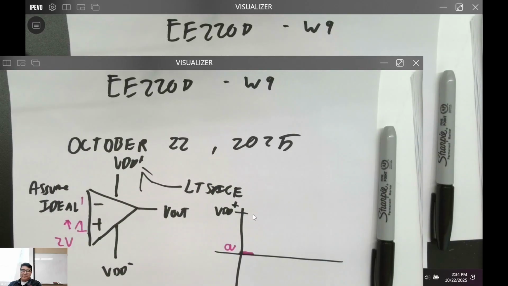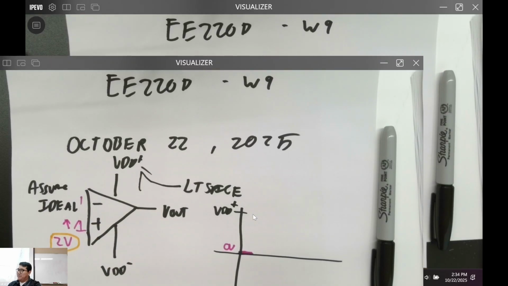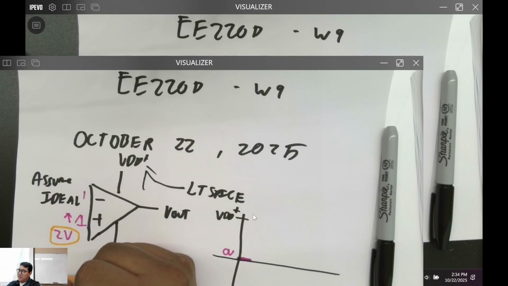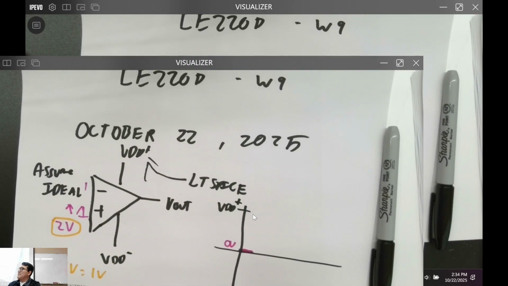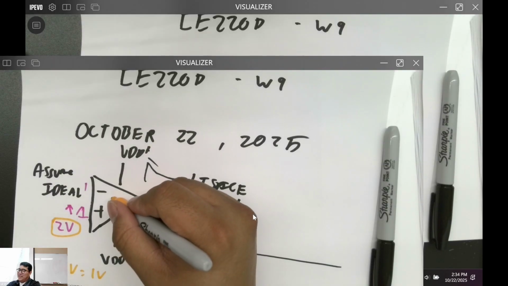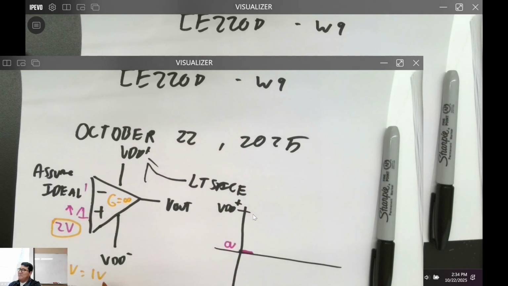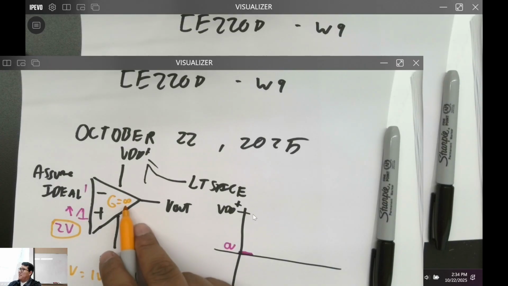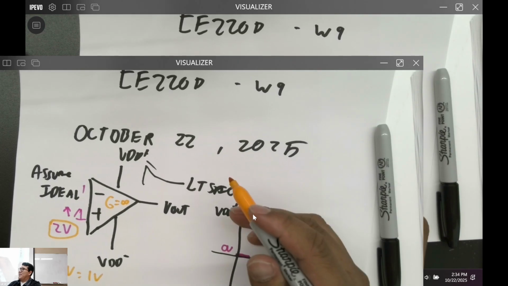Let me use a different color. 2 volts, orange marker. What's the difference? 2 volts minus 1 volt is a 1 volt difference, right? And then if there's a gain in here, let's just say it gains infinity, correct? A positive number with a gain of infinity is just going to go straight into infinity, right?